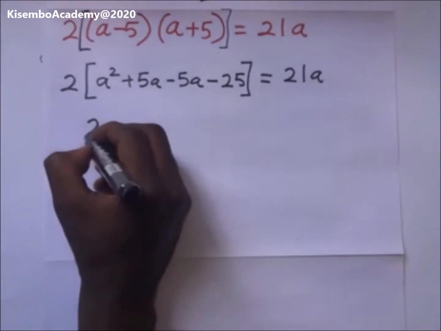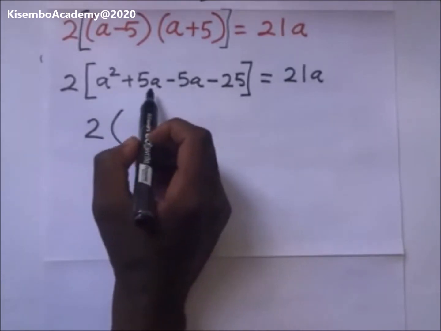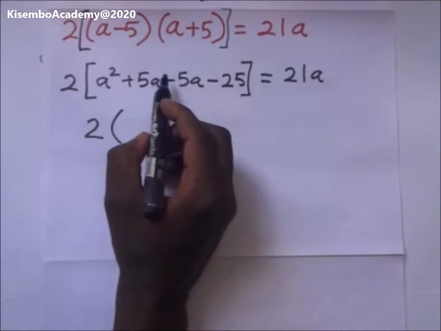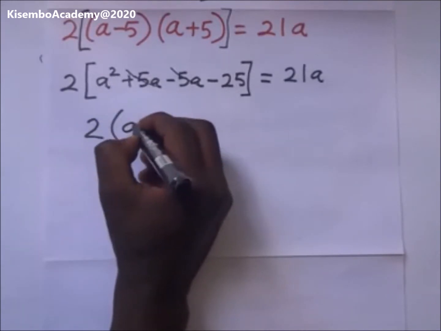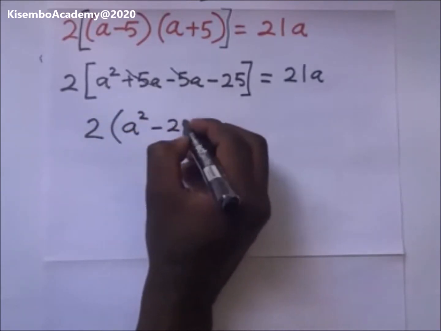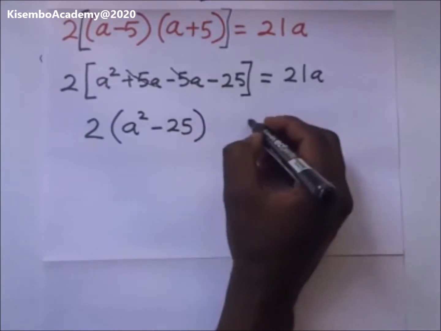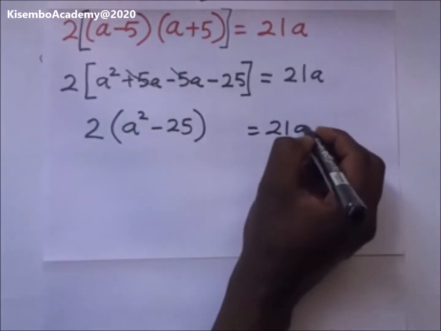Definitely this is going to become 2 into, now positive 5a and minus 5a is 0. These two will cancel. So we remain inside here with a squared minus 25, giving us 21a.